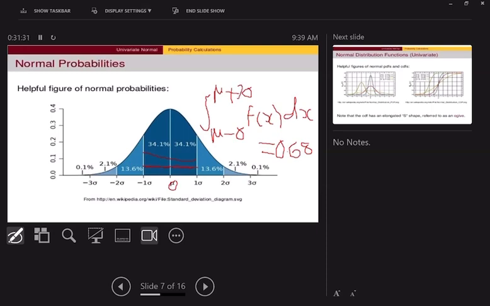If I put 2 here and 2 here, I'm not going to get 0.68 anymore. It's going to be 0.95. If you try your calculus, all the area here will be 95%, with two standard deviations below and two standard deviations above.